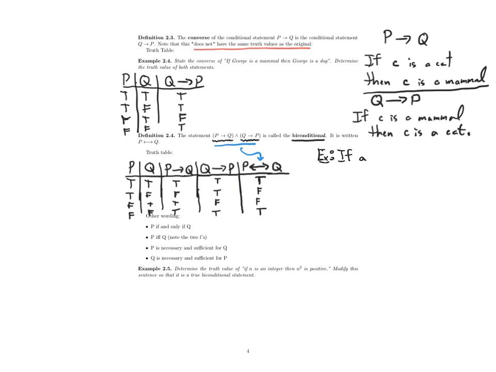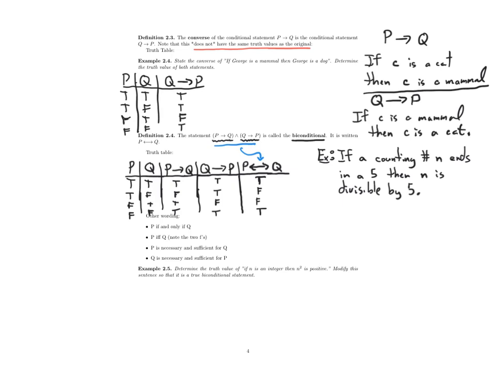If a counting number, let's say n, ends in a 5, then n is divisible by 5. So that's always true. You know that if numbers end in a 5, then they're divisible by 5.